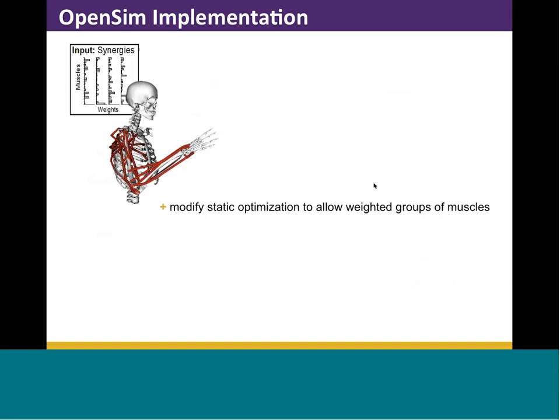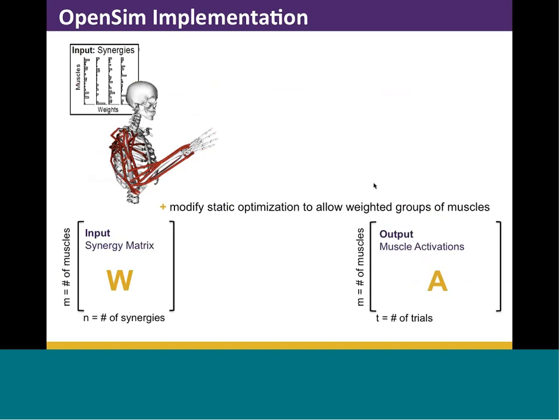So if we have synergies that we know we want to provide as our input to the system, basically a set of constraints saying these muscles must always be activated together in these weighted groups, that is going to be our input to the system, which is our synergy matrix, sometimes referred to as W in the synergy literature, where we have a certain number of muscles in our system. So for this upper extremity model, we might have 30 muscles, and then you can specify a given set of synergies. Now the output of static optimization is typically our muscle activations.